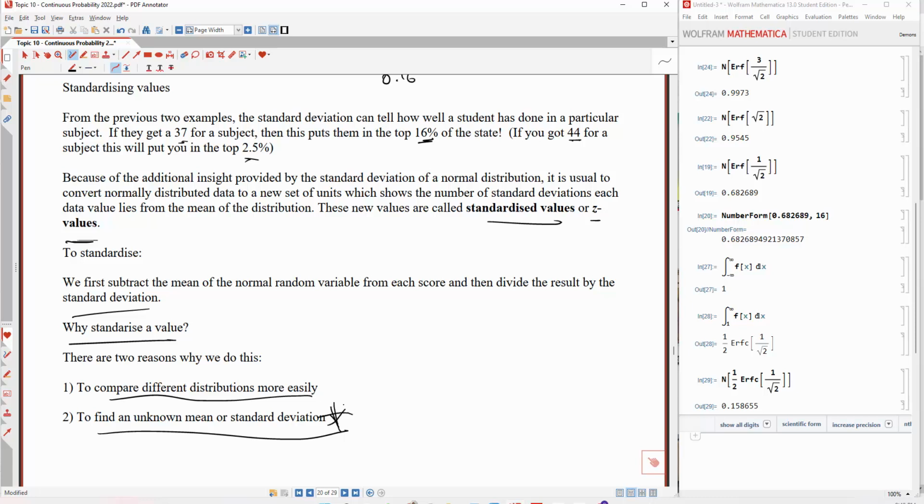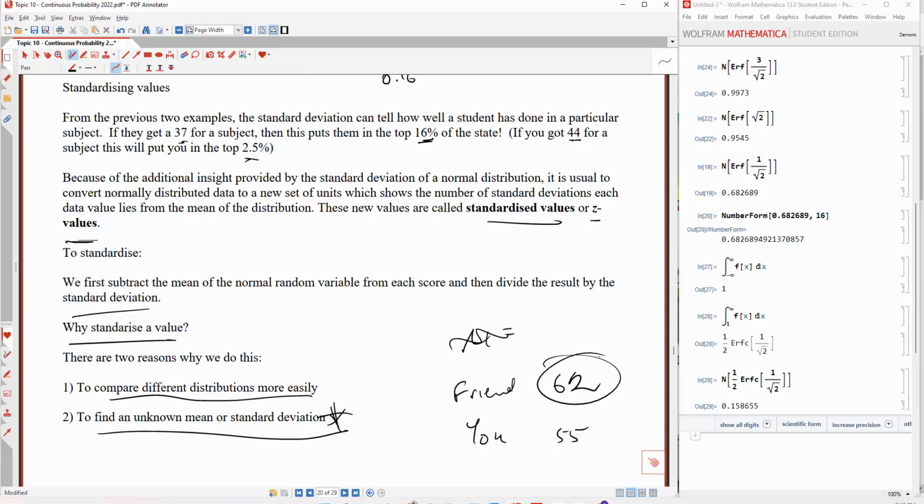More on this later. Say you did a test in maths, and your friend says, my score was, let's say, 62, and you got a score of 55. Your friend says, I did better than you because I got 62 and you got 55.